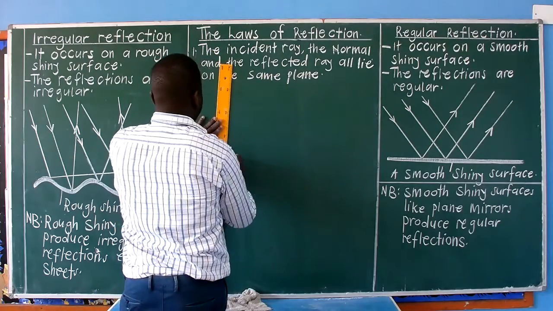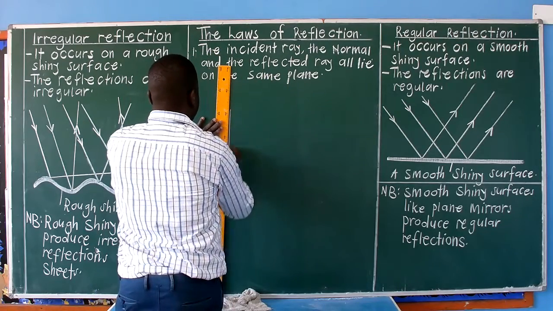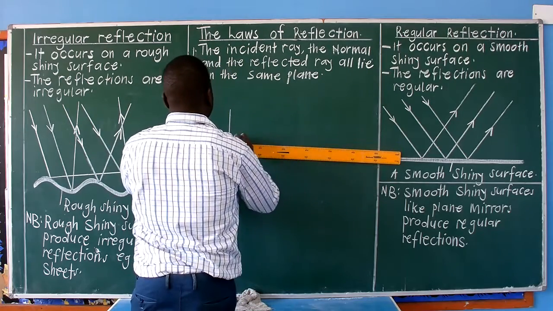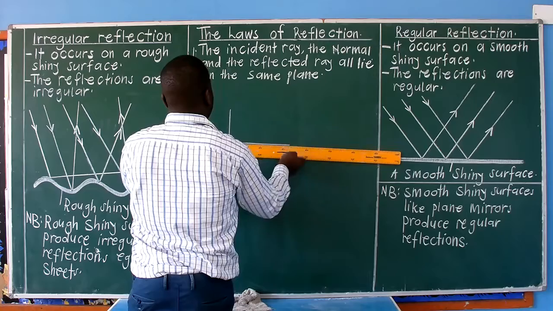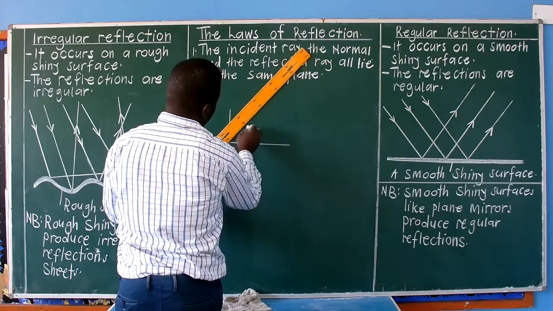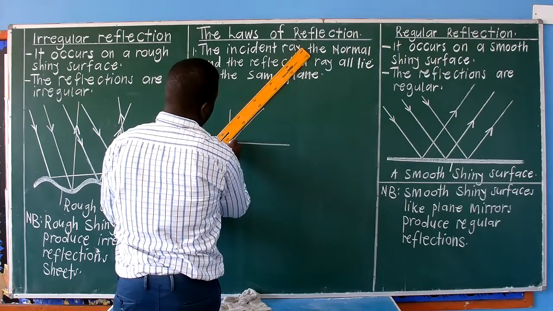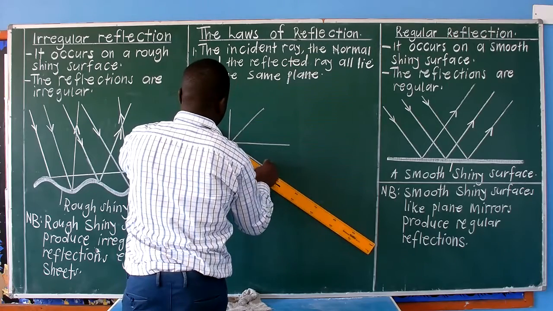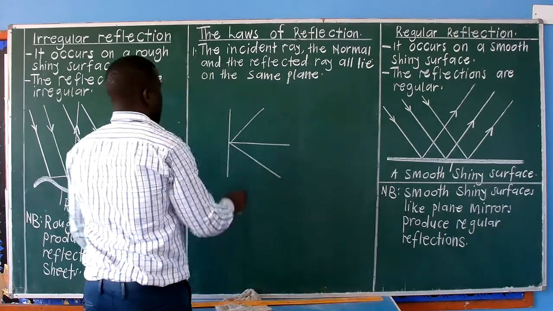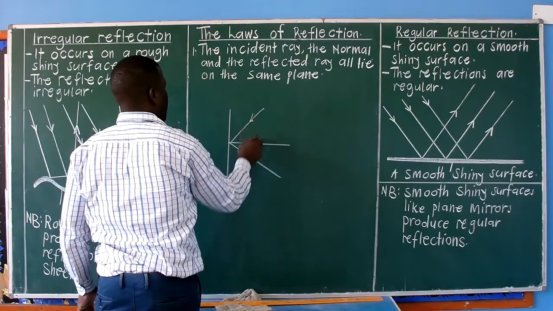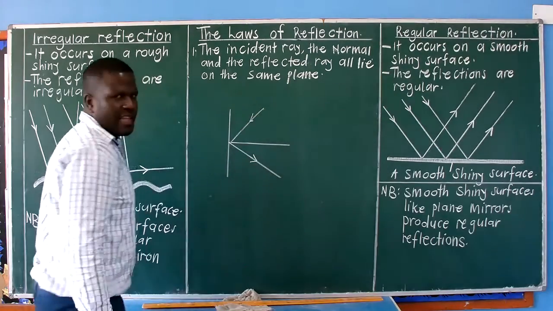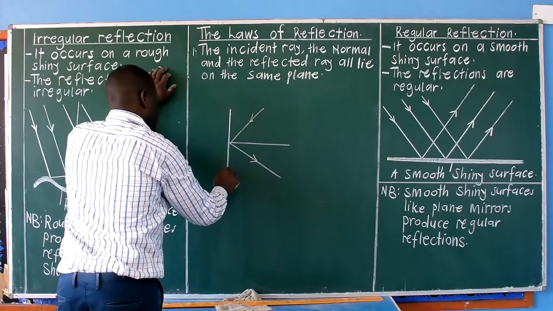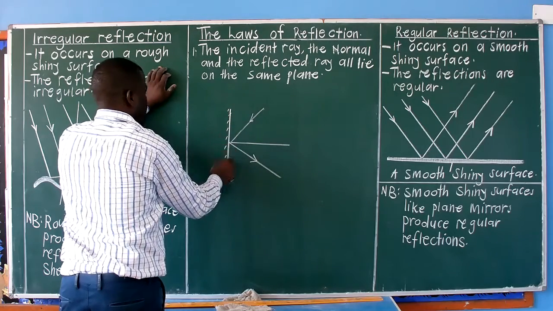Let me just draw a simple diagram here and you see. So we are saying this is the plane mirror, this one here.